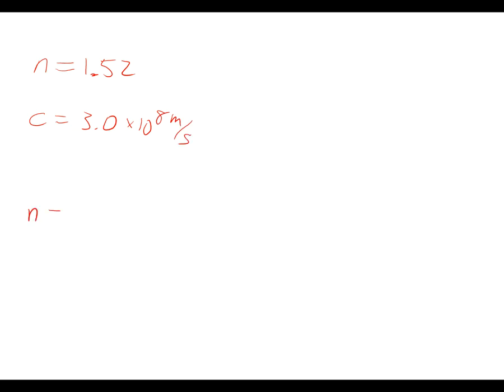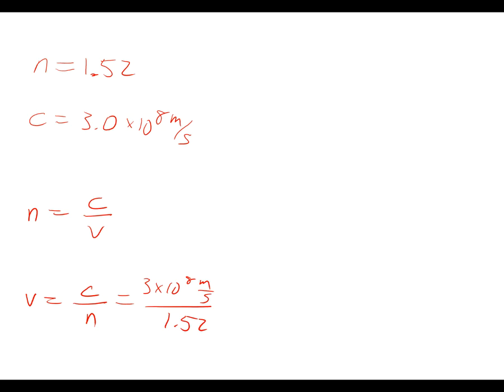And we know that the index of refraction would be the ratio of speed of light divided by velocity of light within the medium. So the speed of light in a medium would be equal to the speed of light in a vacuum divided by your index of refraction. So that'd be 3 times 10 to the 8th meters per second divided by 1.52.